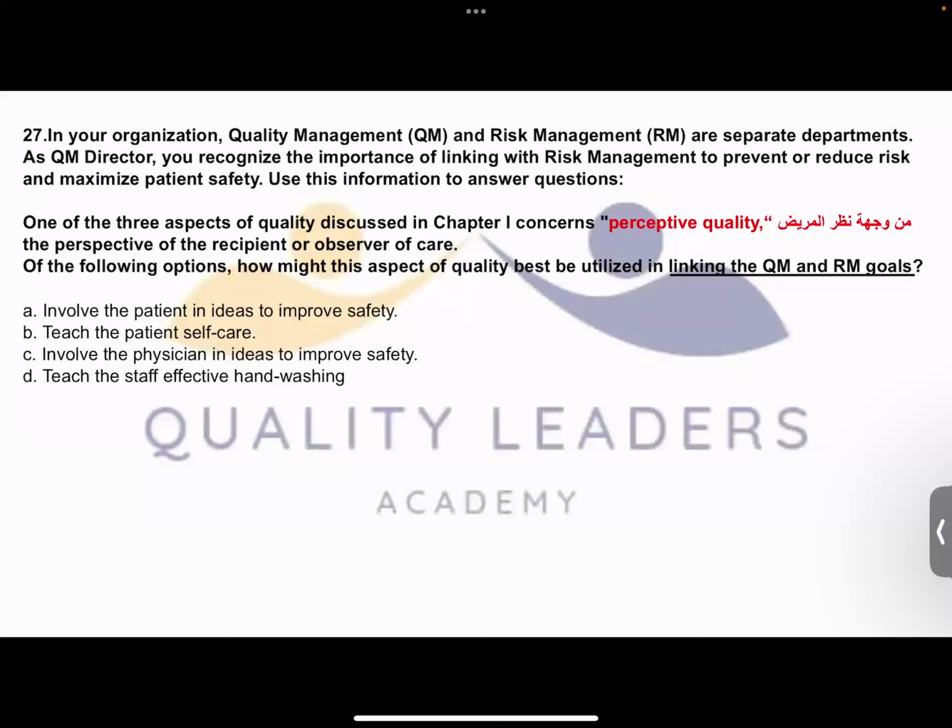Because physician involvement is also important, but the question emphasizes perceptive quality, which is specifically from the patient's perspective and not the physician's. While for letter D, hand washing is crucial for safety, right? So it is a standard safety measure that does not address the patient's perspective or their involvement in improving safety. So the best answer here is letter A.